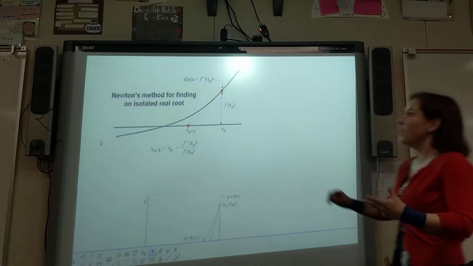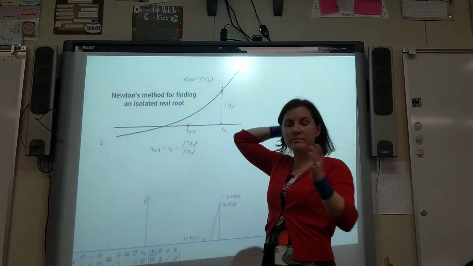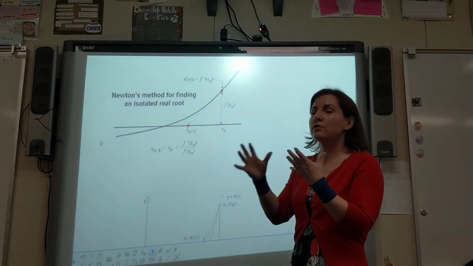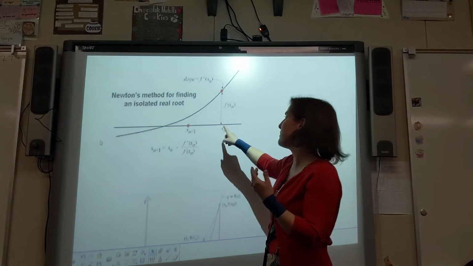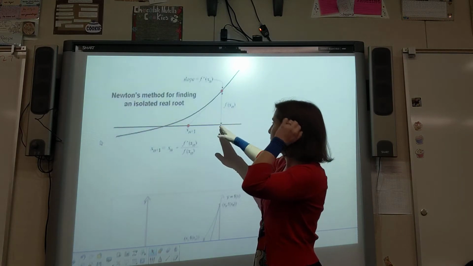Okay. So what you're going to do is you've got some curve. You might not be able to graph it. You're usually given a function formula. And what you're going to do is guess where the root might be. So say you make this as your guess for where the root might be.